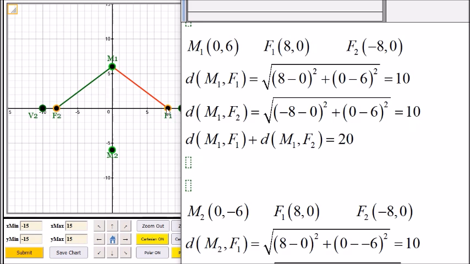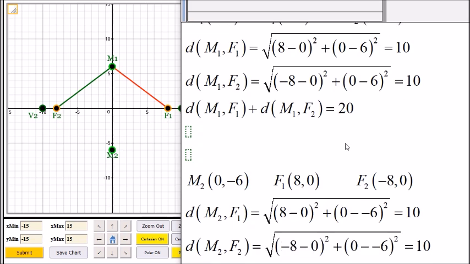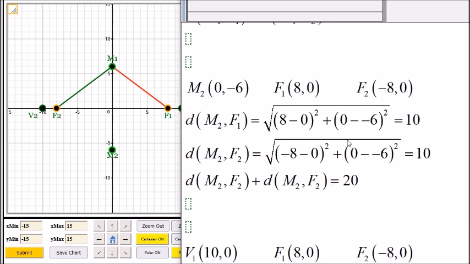So the sum of the distances from M1 to F1 and F2 is 20. And it's the same thing here. The sum of the distances from M2 to F1 and M2 to F2 will also be 20.